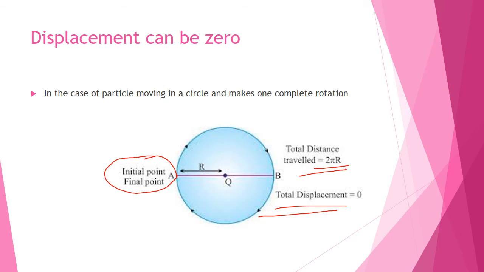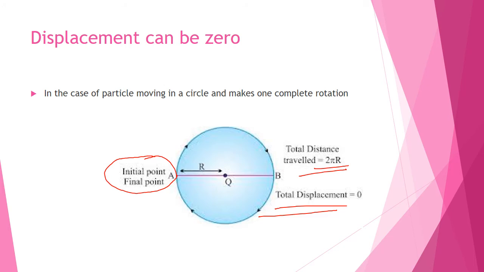Then what about the displacement? It is the shortest distance between initial and final point. Here the initial and final point are the same, so the displacement will be 0. Keep this in mind: if the particle starts a journey from a point and also reaches back to the same point, in that case the displacement will be 0.